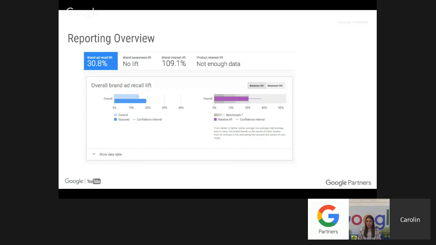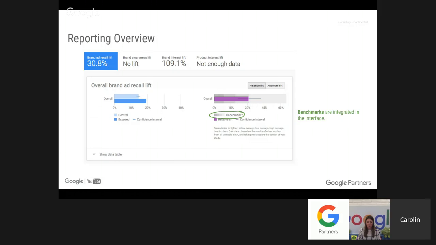On the right-hand side in purple, you see the relative lift. So this is the difference between the exposed and control group. Highlighted in gray in the background, you see the benchmarks. This means how are you comparing against the benchmarks of people that are in your country in the same vertical? How common is an uplift? Because sometimes in some verticals, an uplift is potentially common to be 35%.